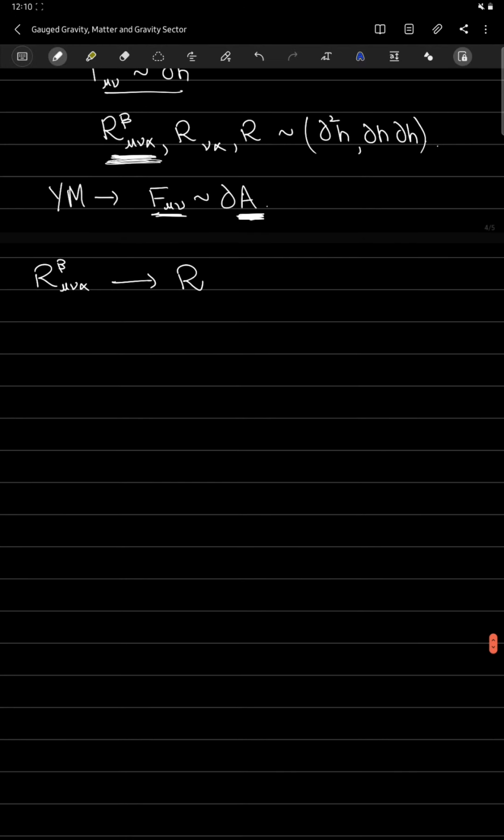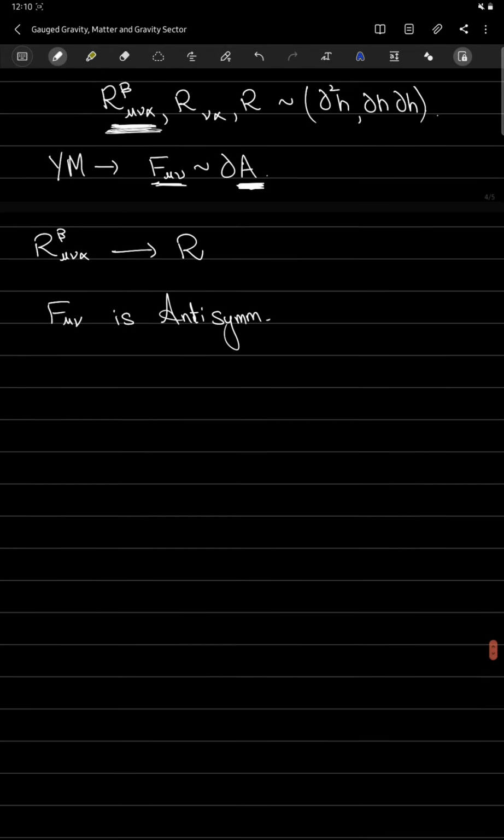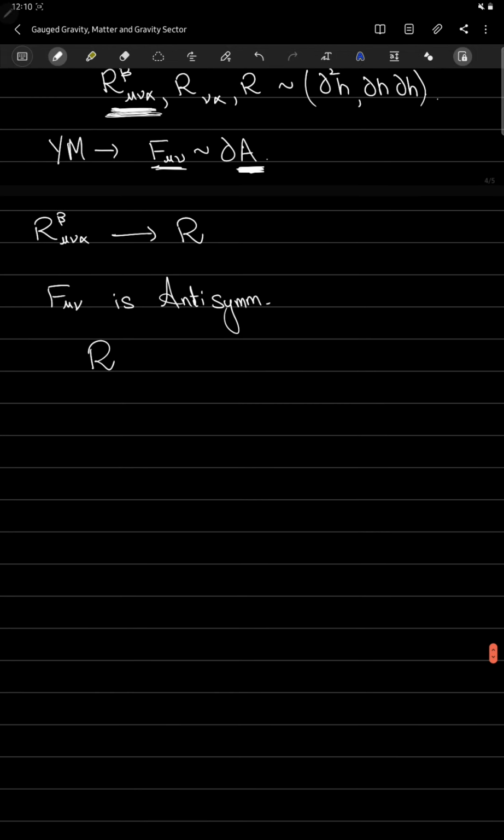And if you look at this F mu nu, it is manifestly anti-symmetric, right? And if so, hence, in the case of gravity, in a weak field limit, the scalar curvature R is dominating, right?